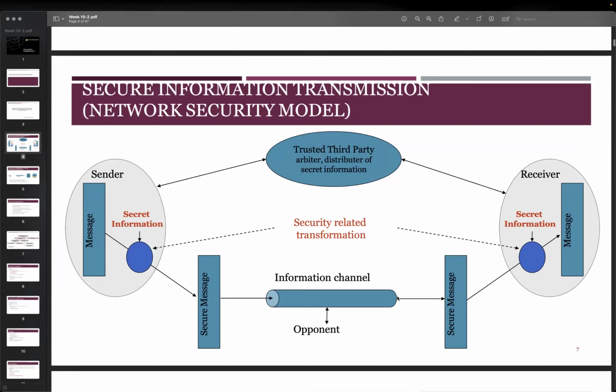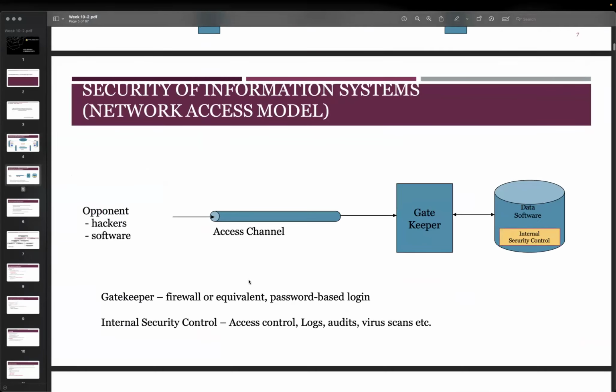Through the information channel, the message goes to our receiver. Of course, there are attacks like man in the middle that try to decrypt it, so there are opponents included right here in the information channel. That's the whole network in this model.